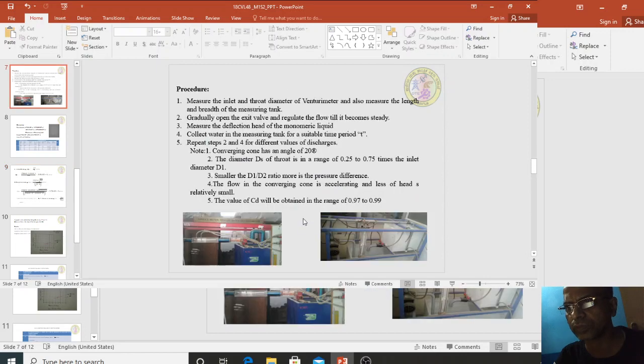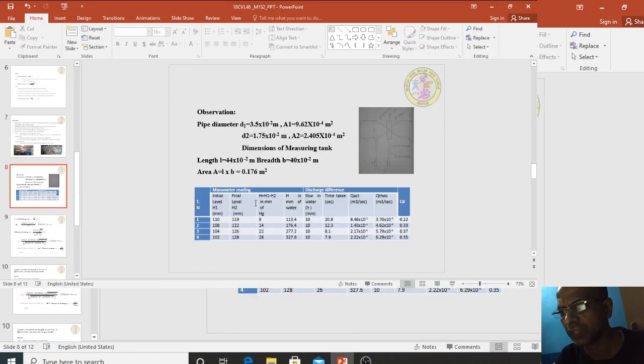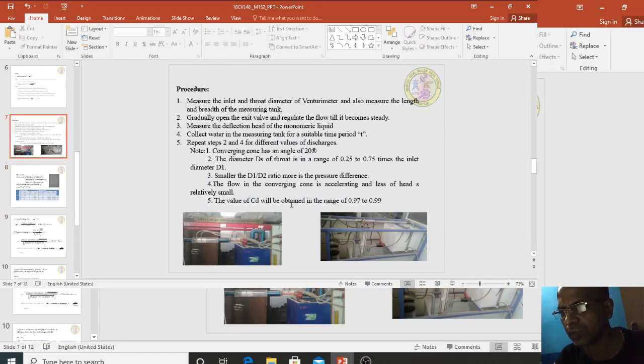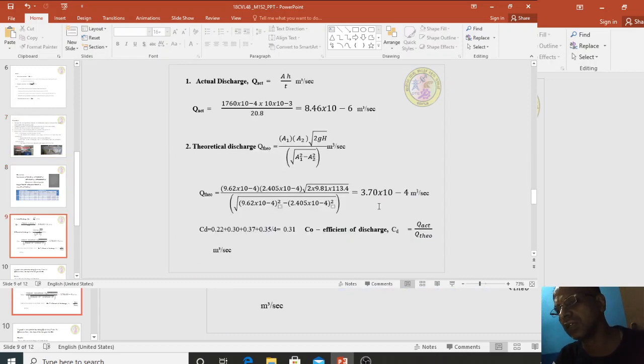When we were discussing the notes, we clearly said that the value should be obtained in the range of 0.97 to 0.99. But in our laboratory, whatever we are getting, we have to record it, because there may be so many reasons. Exactly 25% valve opening is possible, exactly 50% valve opening is possible, there is no mark.